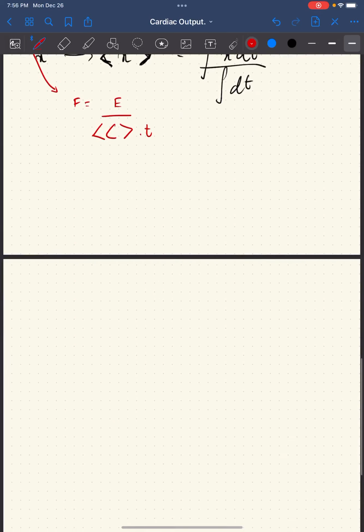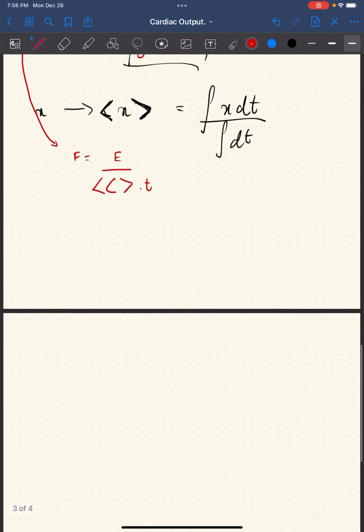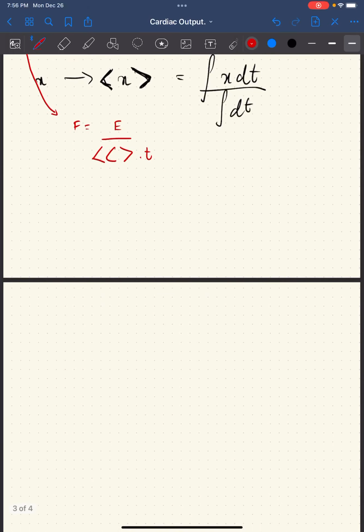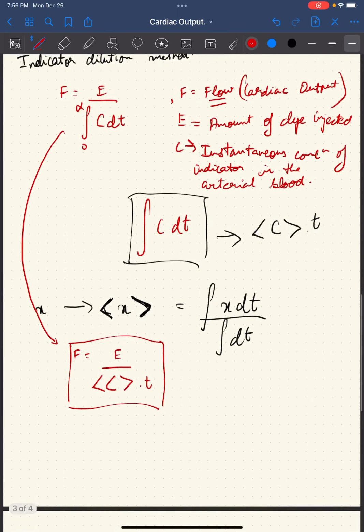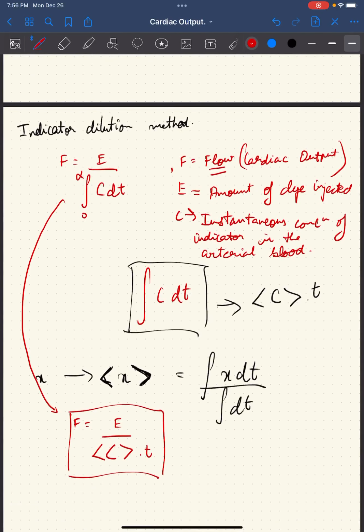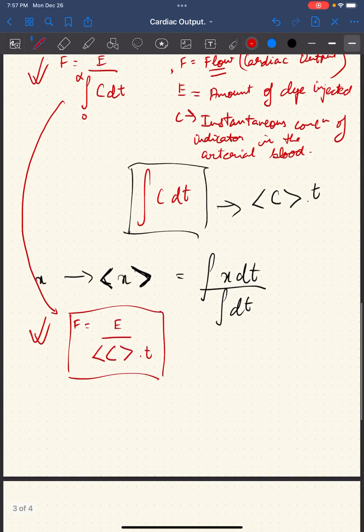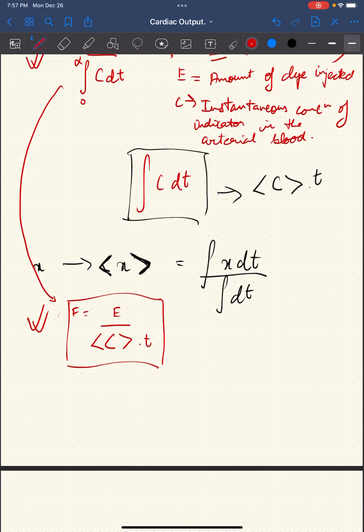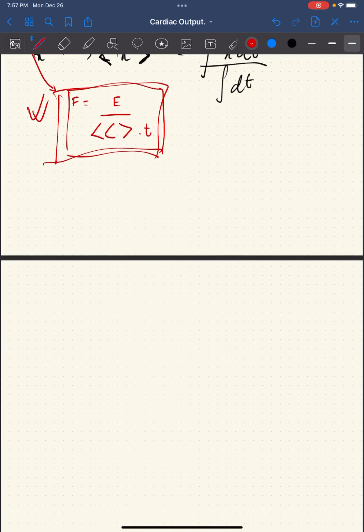Now let me show you an example. If any question comes, you can use both this formula and this formula in your theory, but since you are in a medical school and not in a physics class, most of the time you will be using this formula only. Suppose there is a person A who has injected 5 milligram of a dye in his arterial blood.